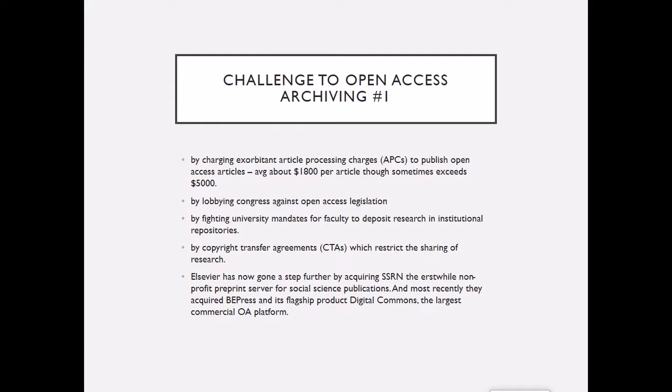They do have an option, though, but this is really a way just to make you not want to do it, where you can pay to make your article open access, but it's expensive. On average, it's about $1,800, and it can be over $5,000. I will mention in a few minutes what we're doing to try to help you with that.